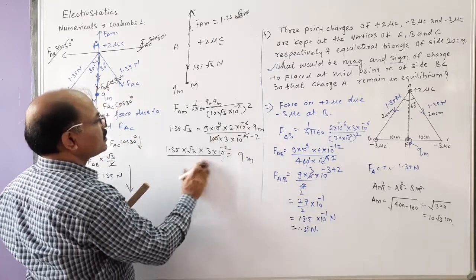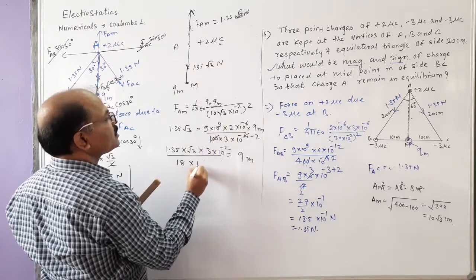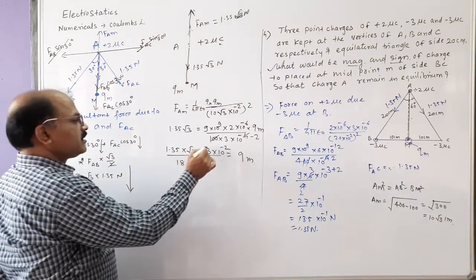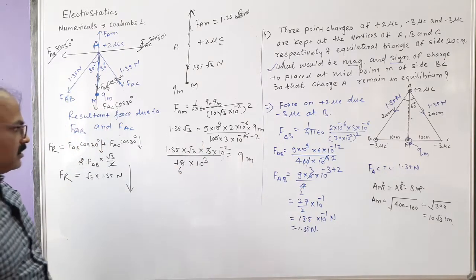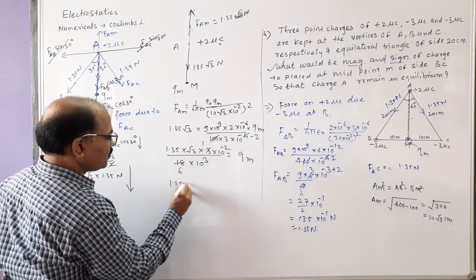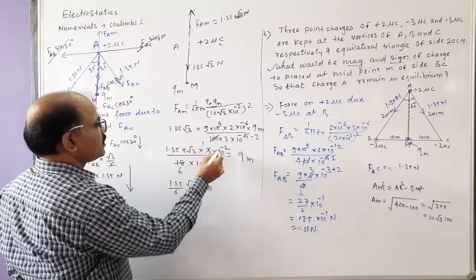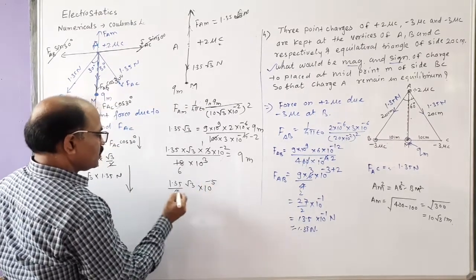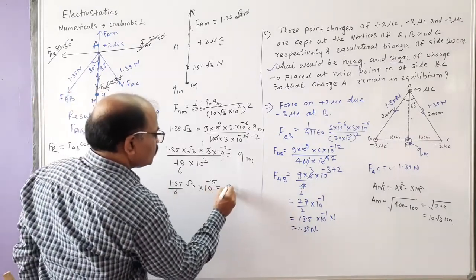And this also, okay, the 9 into 2, 18 into 10 raised to 3, divided, 3 6 18, so this is the root 3, 1.35 into root 3 divided by 6 into 10 raised to, ये ऊपर जाएगा तो this will be -5, and this equal to QM.